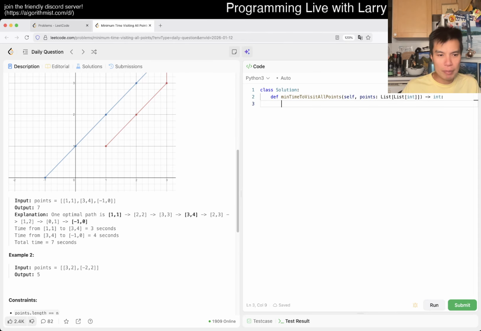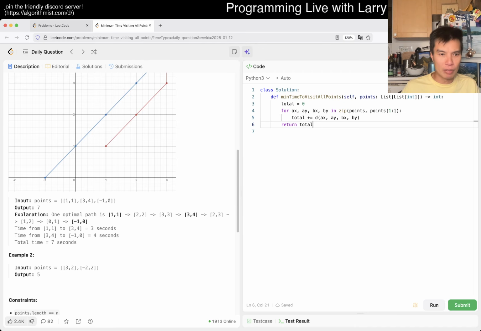So maybe you have, for ax, ay, bx, by in zip of points. There are a number of ways you can write this. I think this is tight, but it's not quite efficient because this does do a slice. And then you can say d for distance between ax, ay and bx, by.